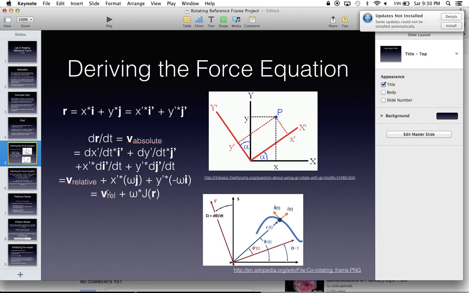And you get v absolute, as someone standing on the ground, is v relative, which is what you measure as you're riding around with the carousel looking at stuff, plus this other term, omega times j of r. I'm just saying when you apply j to a vector, it's that vector rotated counterclockwise 90 degrees. And we kind of already know that v equals omega r. j of r just says that it's pointing sideways.